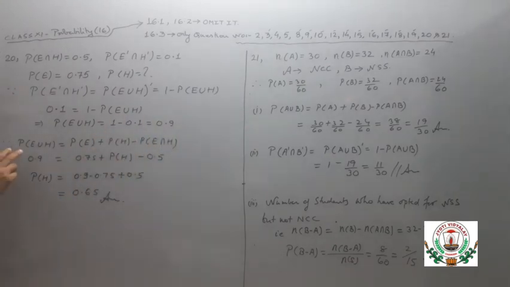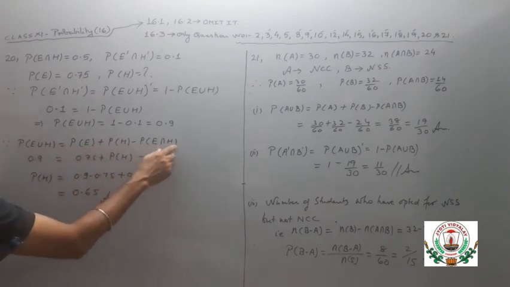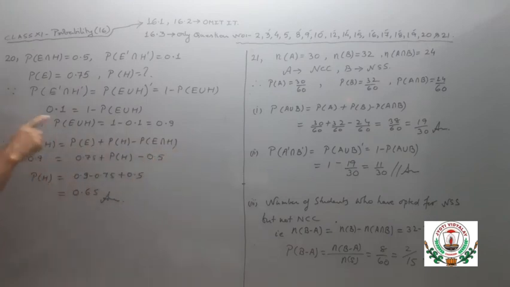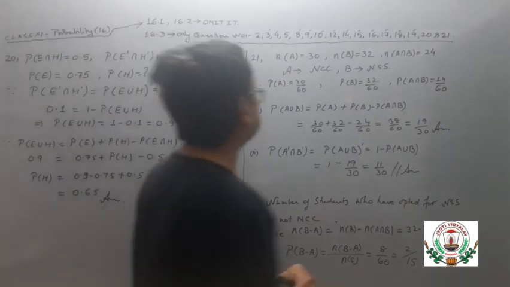Now probability of E union H, as we know the formula, is probability of E plus probability of H minus probability of E intersection H. After substituting all these values, we get the probability of passing the examination in Hindi. It is 0.65. It is also an important question, and the 21st is also the most important one.